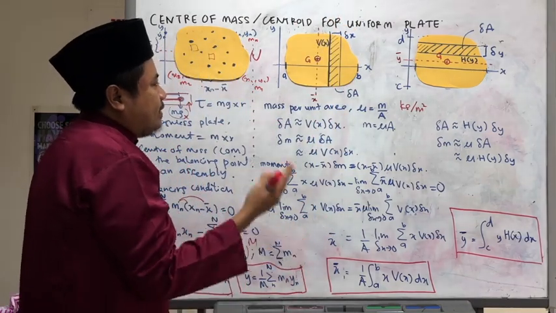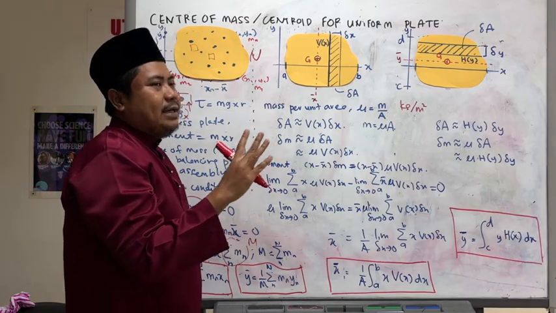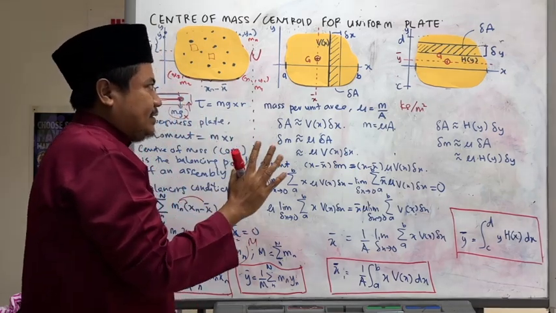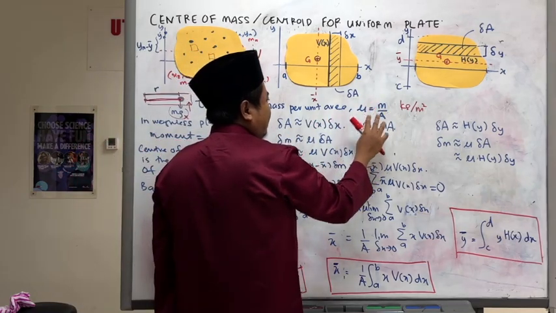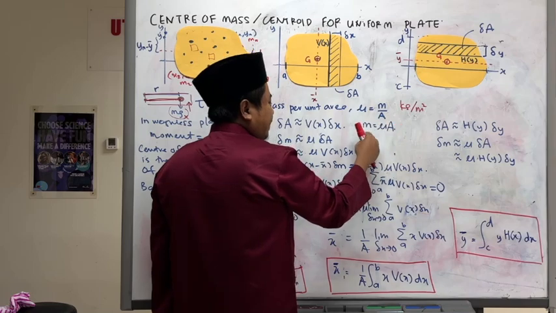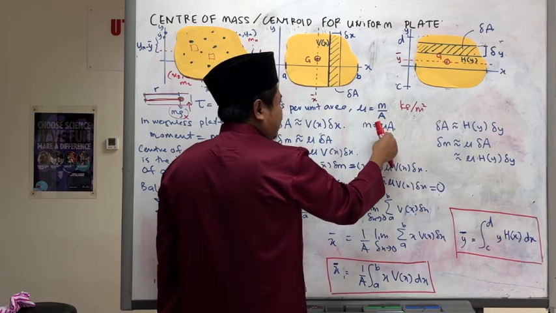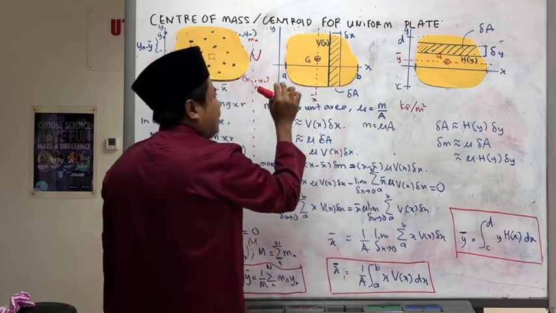How can we get the center of mass along the x-axis? Right, so we have mu equal to m over A, then we just rearrange back to m equal to mu A because we want to use it again.